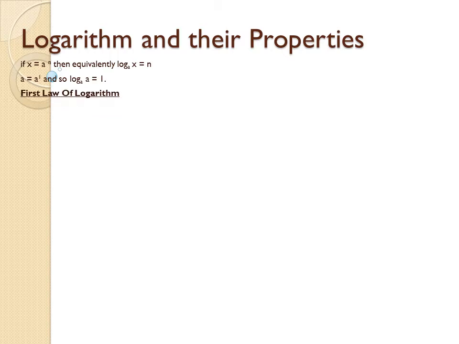Okay, so the first law of logarithm is also called the multiplication law of logarithm. Let's see what that is. Let's say x equals a to the power n and y equals a to the power m. So the equivalent logarithm forms are: for the first term, the base is a, so log to the base a of x equals n.